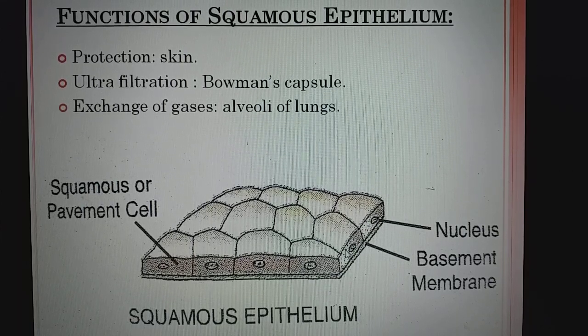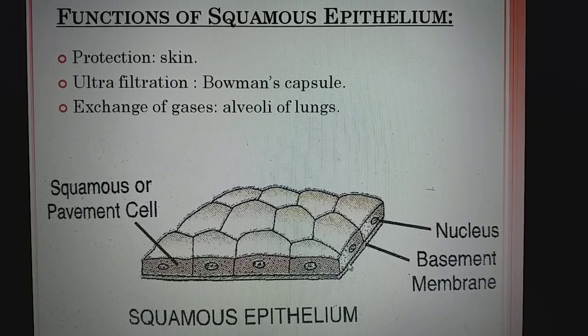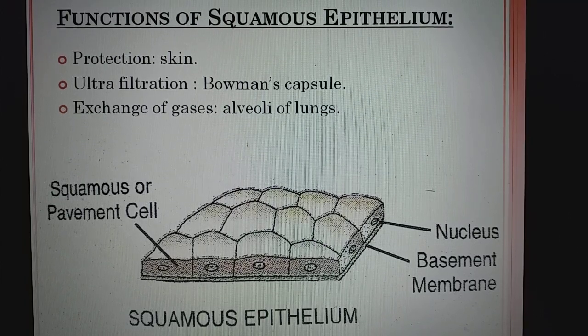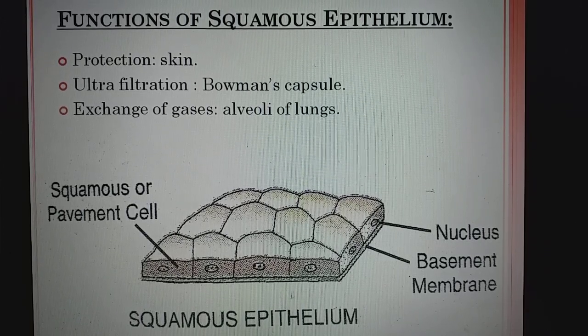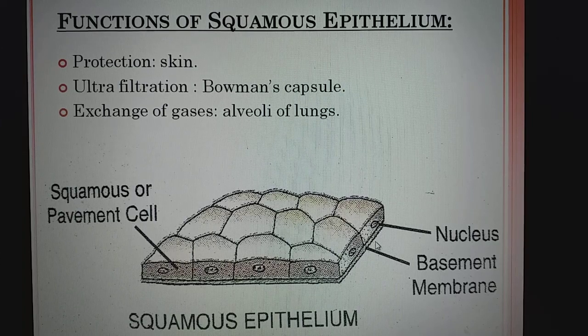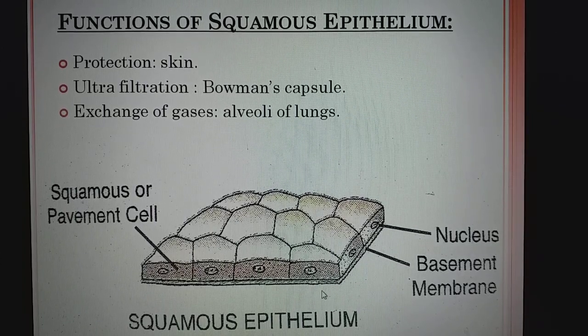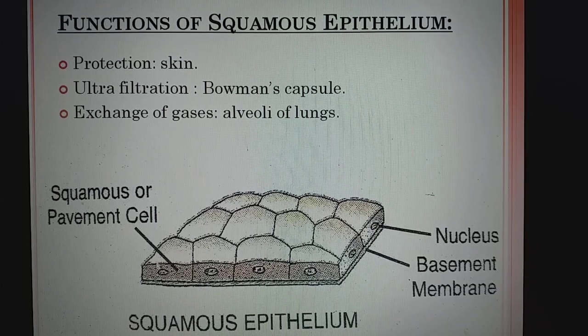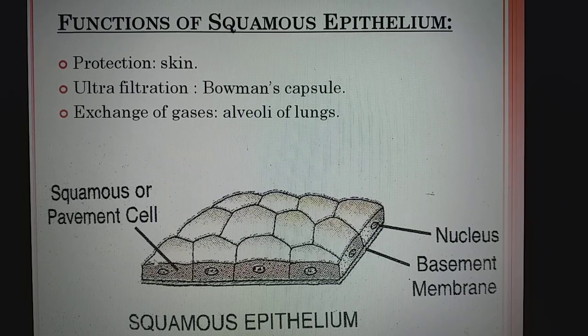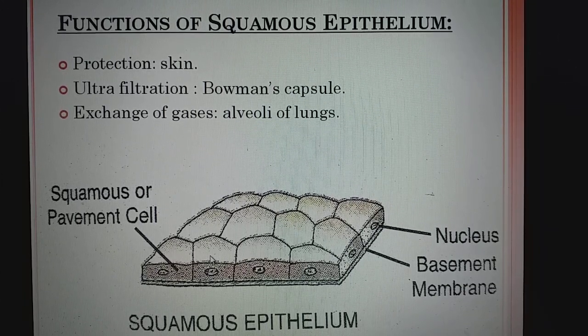This basement membrane separates the epithelial tissue from the underlying connective tissue. Under this the connective tissue is present. The nucleus is present in this squamous or pavement cell. Pavement cell means the cells are packed together like the tiles present on the floor. So I think you must have understood.